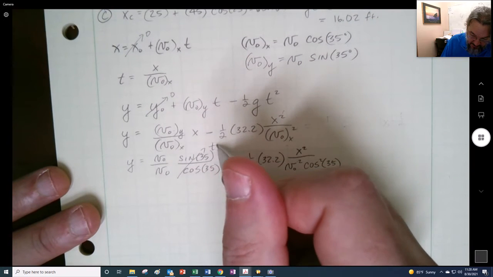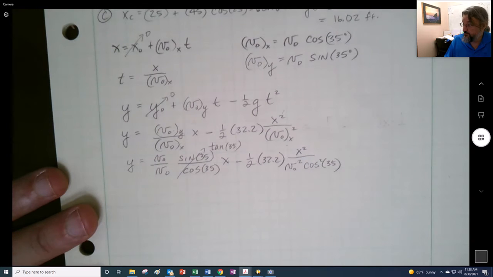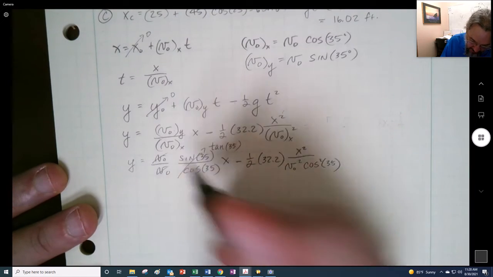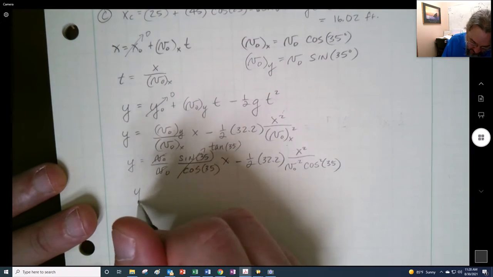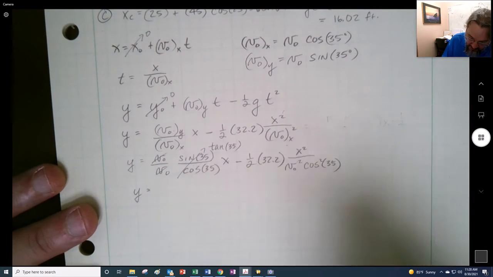And this becomes the tangent of 35, sine over cosine. So I think this is the point in which I decide to go ahead and, oh yeah, and these cancel out right there. It's going to be easy for me now to put values in there, right?